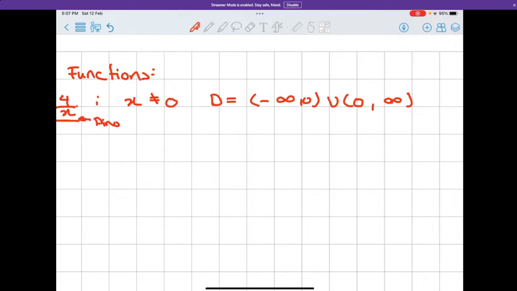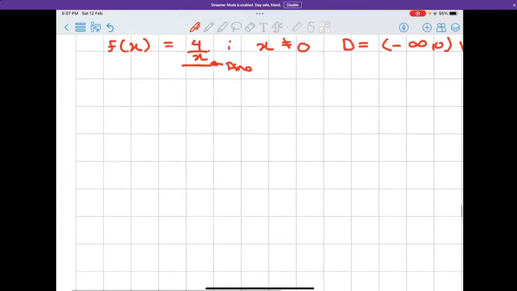And another example, if they gave you f of x equals 3t over t plus 5. So here in the denominator, we have the expression t plus 5. We know that if we put negative 5, okay, negative 5 plus 5, it's going to give us 0, okay, which we do not want.